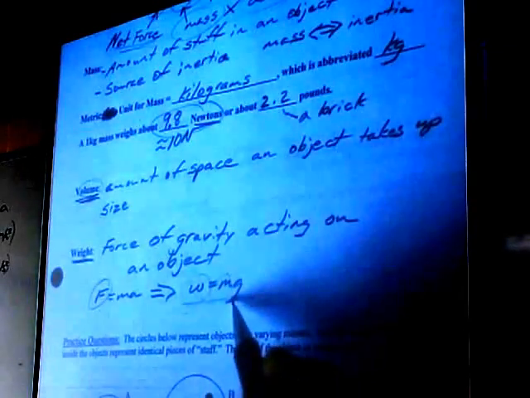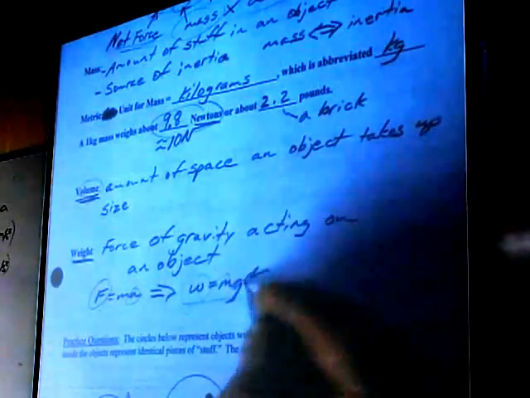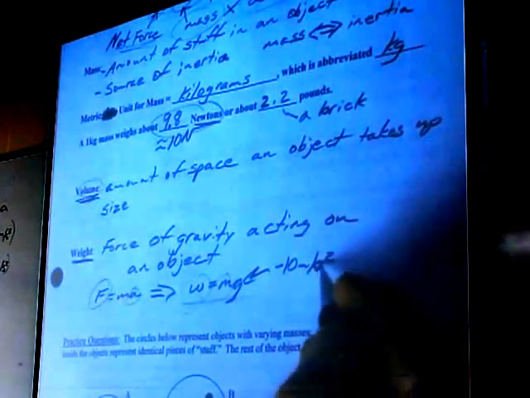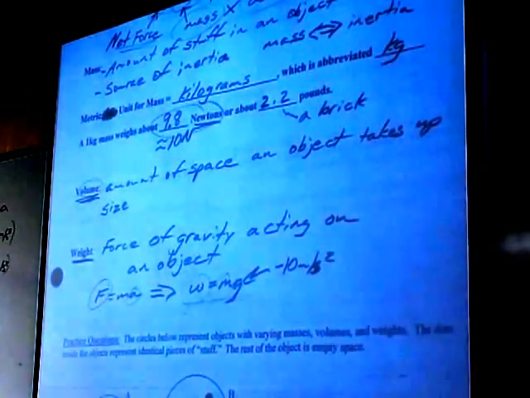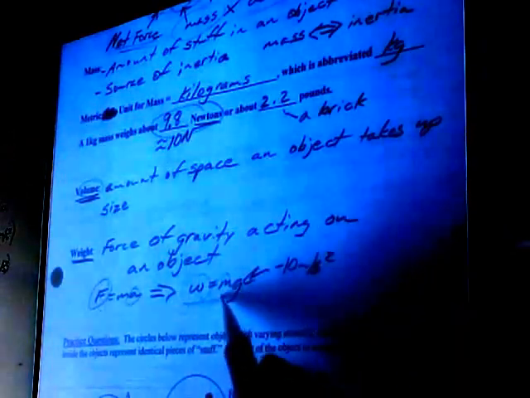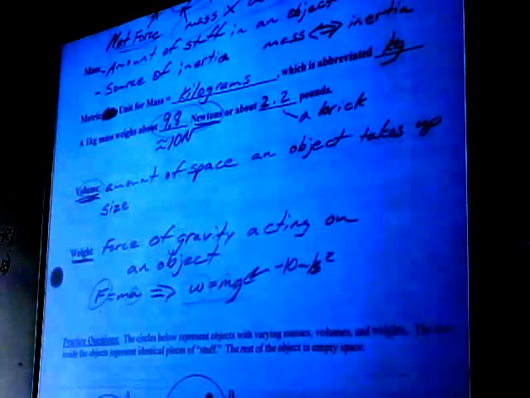Mass is still mass. G, what does G stand for? Acceleration of gravity. It's just a specific way of saying negative 10 meters per second squared. So if you ever want to know your weight, and you don't want to give it in pounds, you want to be metric, just find your mass in kilograms, multiply it by negative 9.8 if you want to be precise, and then you've got your weight in newtons.